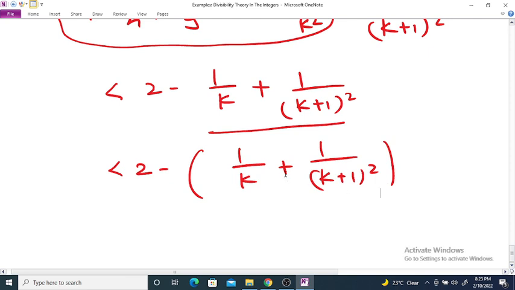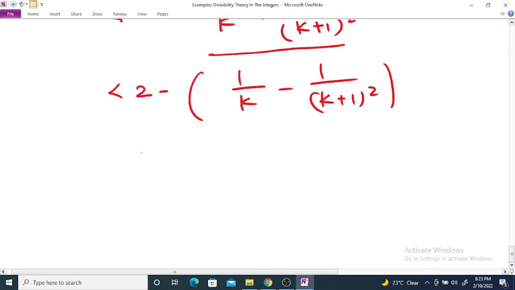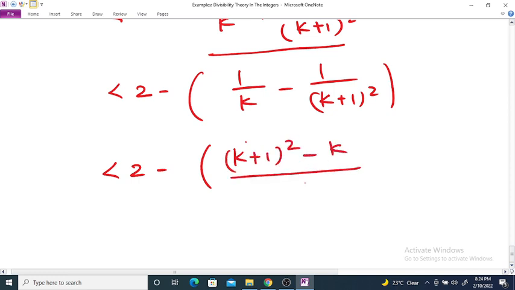Sorry, not plus, it is minus. So since we take the minus sign outside, this is less than 2 minus, and if we take the LCM here, it is (k plus 1) bracket square minus k, divided by k into (k plus 1) bracket square.